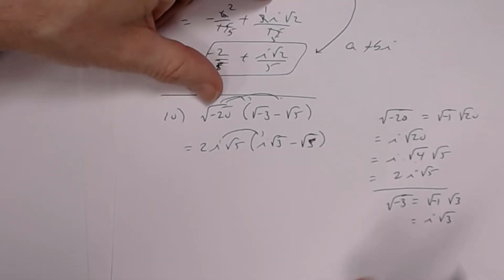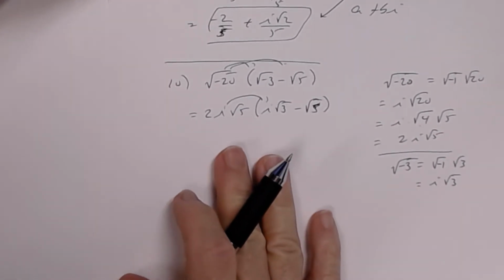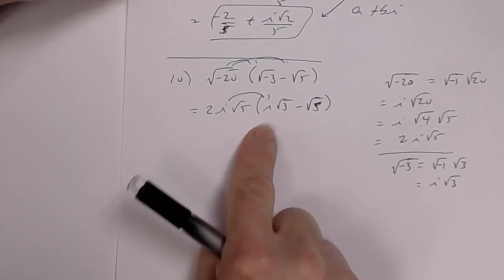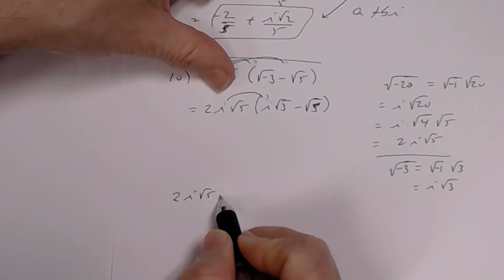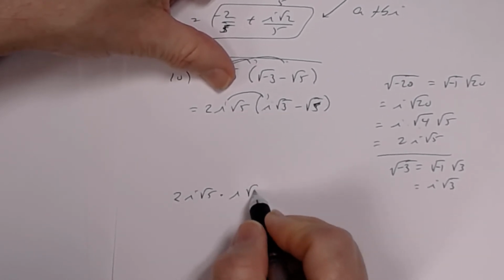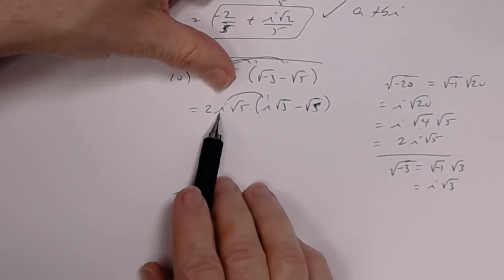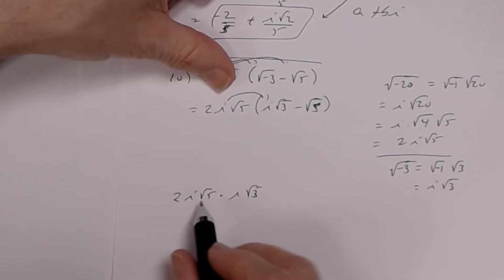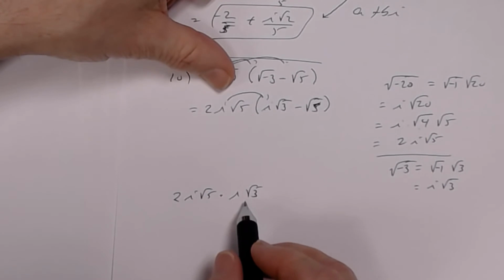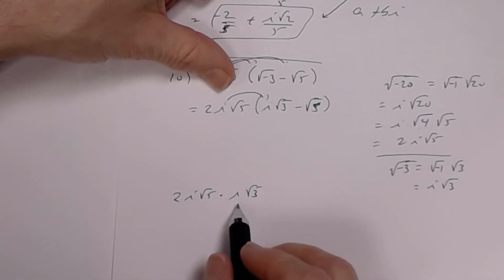Now let's be careful. What I would do is write some things up, because there's a lot going on here. So this is 2i square root of 5 times i square root of 3, right? So this times this is this. And remember, these are all products, so the multiplication is commutative. The order in which you multiply does not matter.